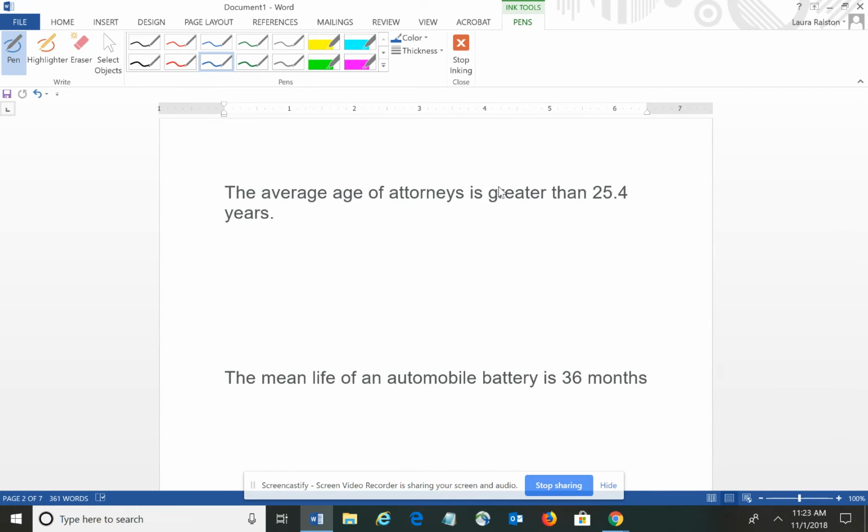Next, the average age of attorneys is greater than 25.4 years. Again, you've got the word average, which tells you which population parameter to use, and again, we use mu. So you're going to look for that phrase. And then you have the wording "is greater than," and hopefully that signals in your mind the greater than symbol in mathematics.